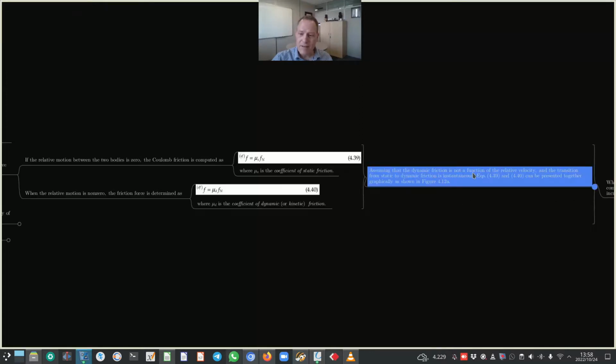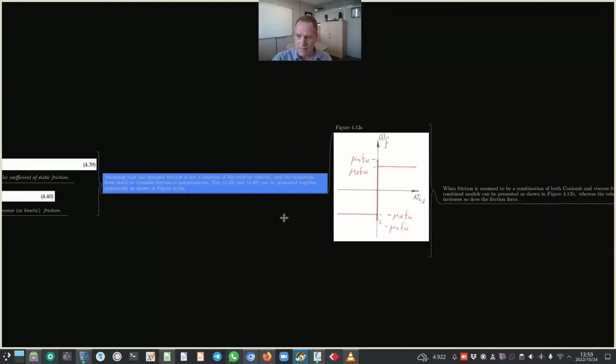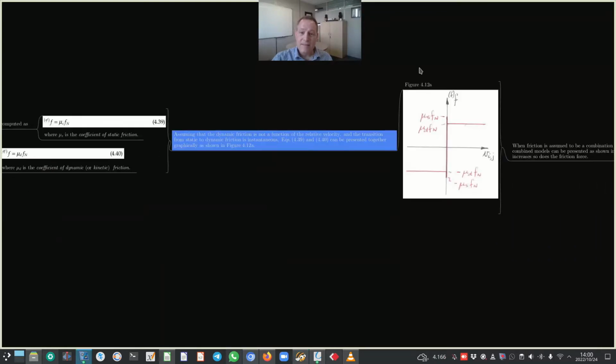Assuming that the dynamic friction is not a function of the relative velocity, and the transition from static to dynamic friction is instantaneous, equations 4.39 and 4.40, the equations we just spoke about, can be presented together graphically as shown in figure 4.12a. So this is our starting point, a very basic explanation of Coulomb friction.